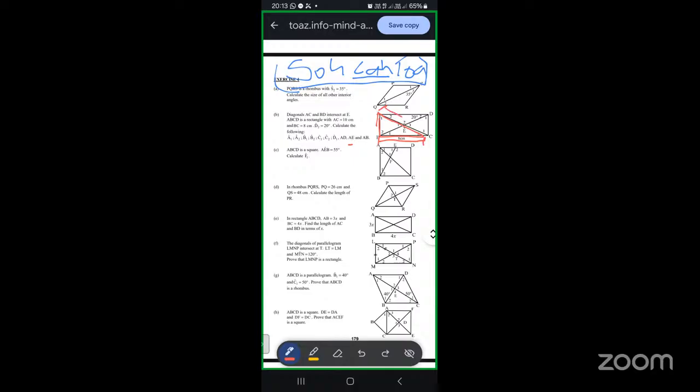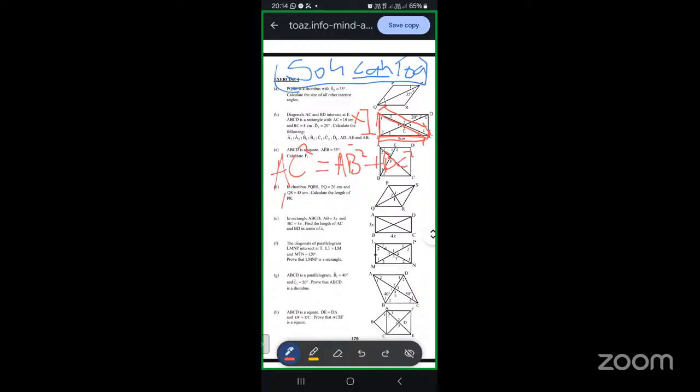We are given also AC here as 10 centimeters. Therefore, we just want this unknown. We can say maybe X or unknown AB. Then you use Pythagoras theorem, AC as hypotenuse: AC squared is equal to AB squared plus BC squared.